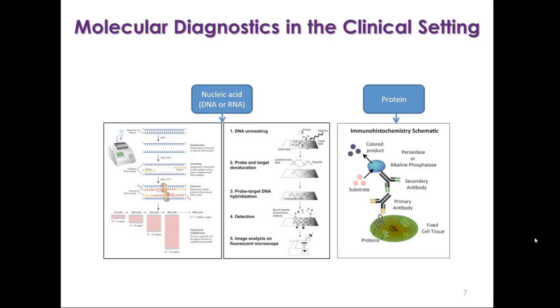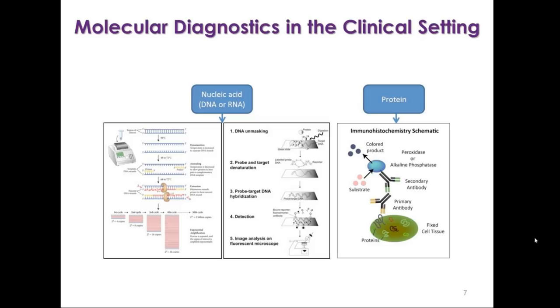Okay, so when we talk about molecular diagnostics in cytology or in pathology in general, we're mainly talking about tests that utilize either nucleic acids, so DNA or RNA-based testing, or something that utilizes the protein.